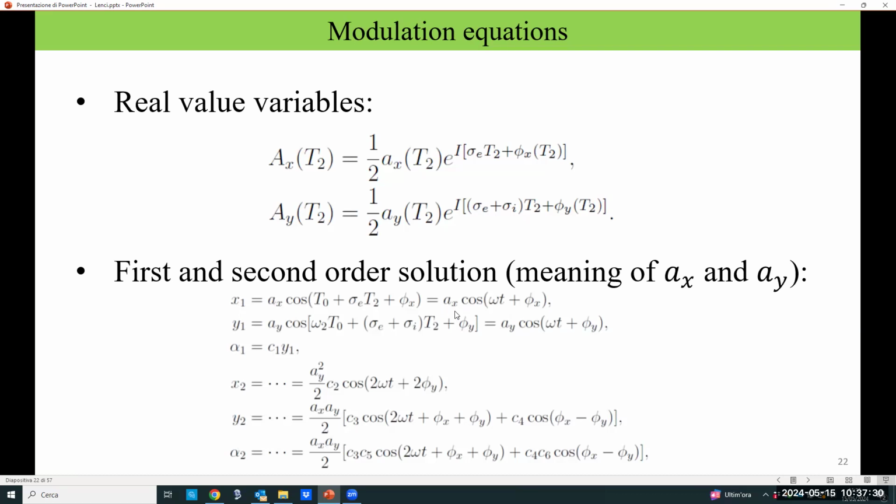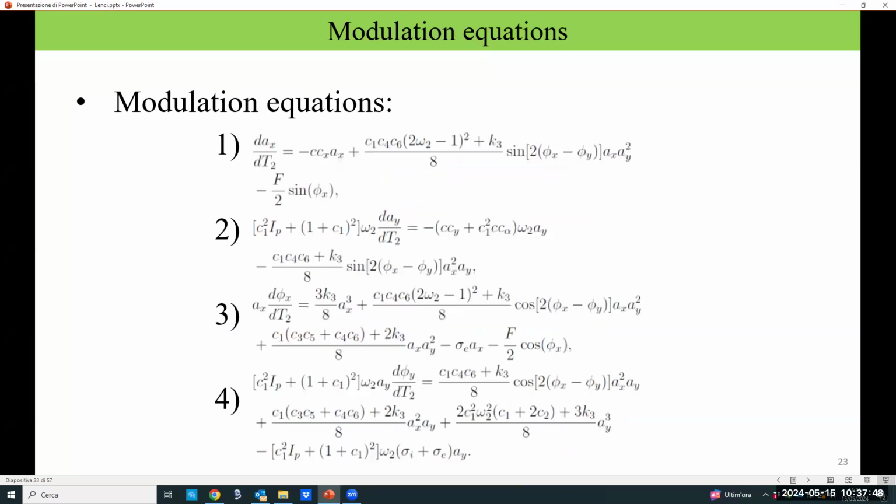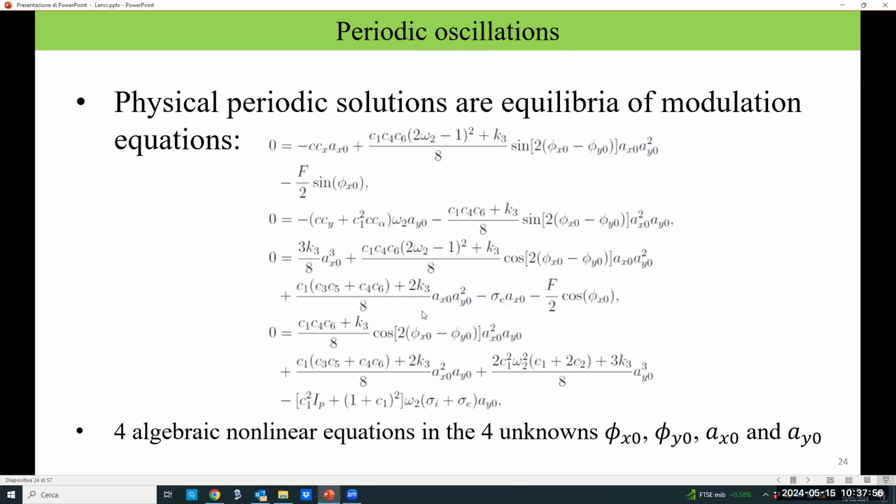So just to give a meaning to what ax and ay are: they are the physical amplitudes of oscillation, even though they are in dimensionless form. Okay, and you transform this solvability condition into real and imaginary parts. So basically you have four equations, which are the modulation equations reported here. Again, mathematics, I will skip it. I don't want to bore you with mathematics.